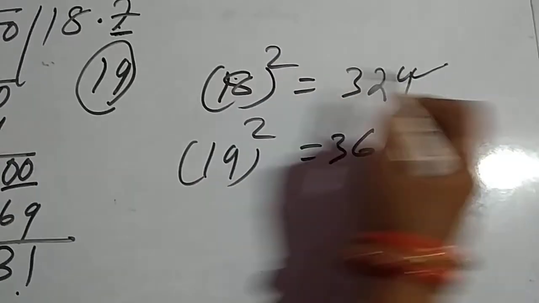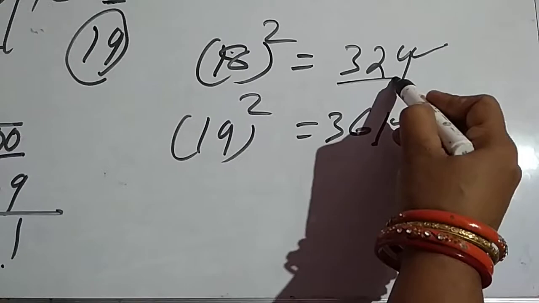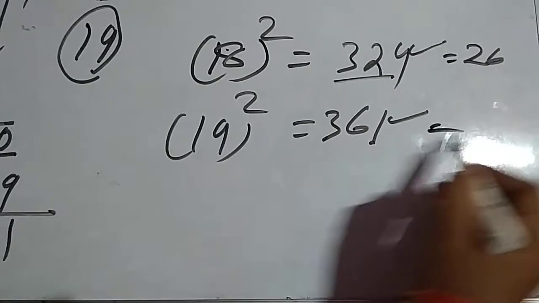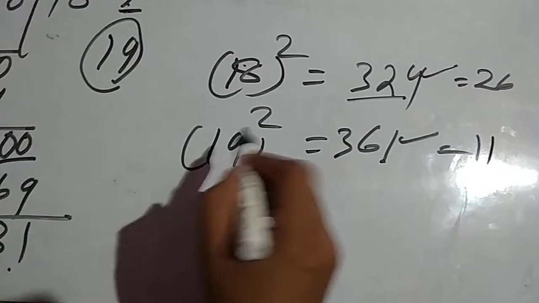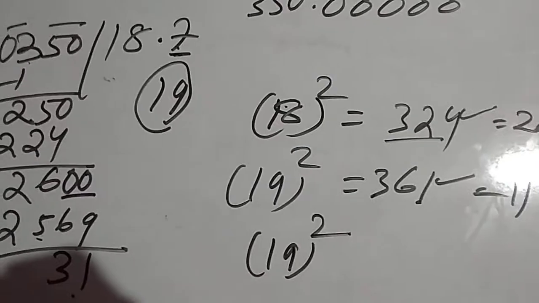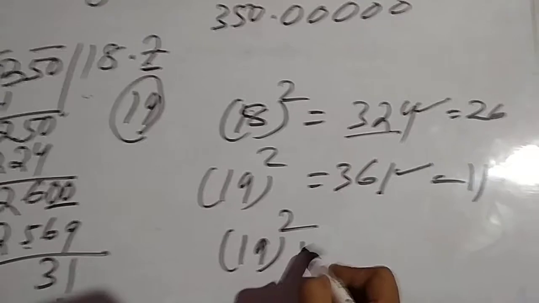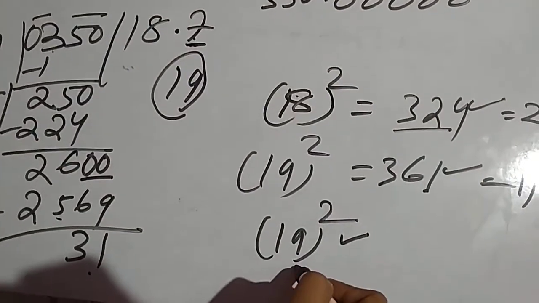The difference between 350 and 324 is 26, but here the difference is only 11. So which square is nearer? 19 square is nearer. Means the square root of 350 is 19. Okay. So that is the estimating value.